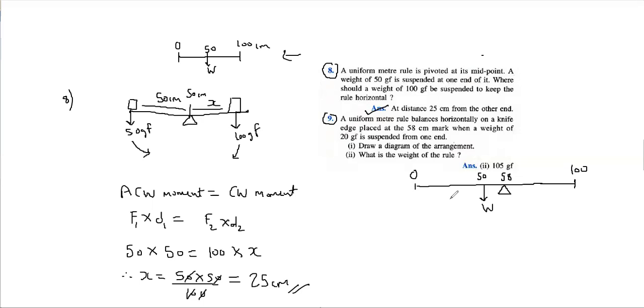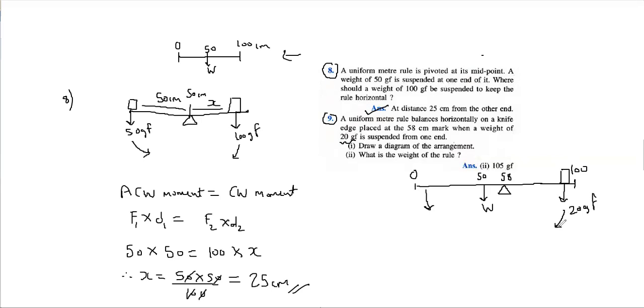So we need to understand that when the fulcrum is at this position, the rule's weight will go in the anti-clockwise direction. To balance it, we have to keep the weight on the other end. So 20 GF is suspended from one end, placed here. This 20 GF will try to bring it in the clockwise direction.